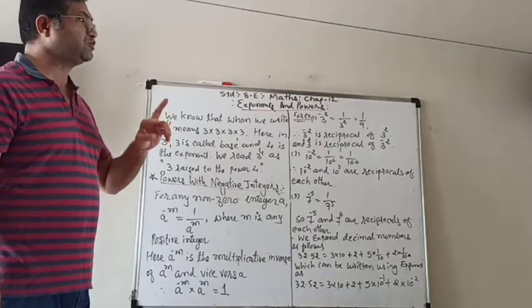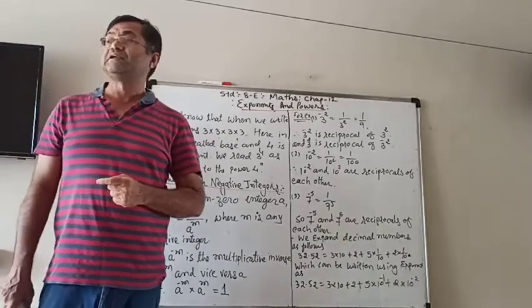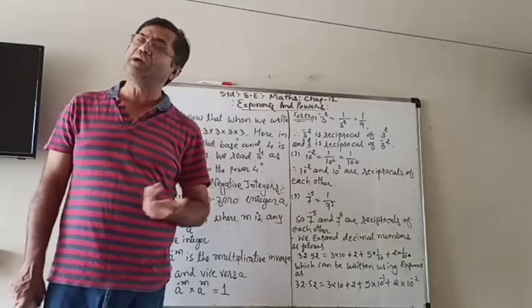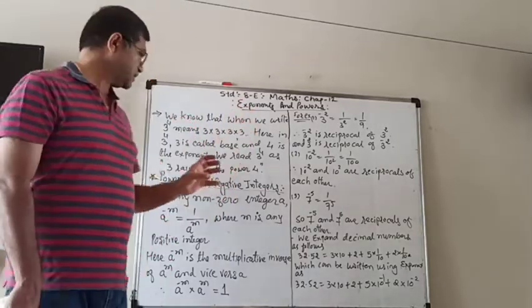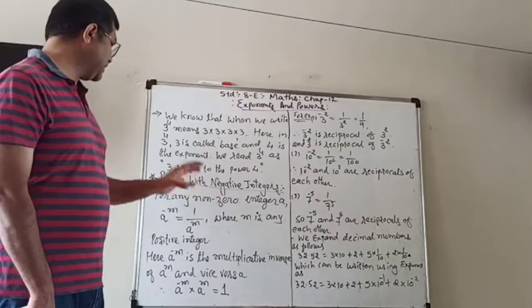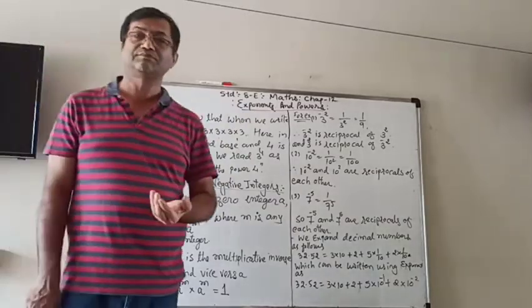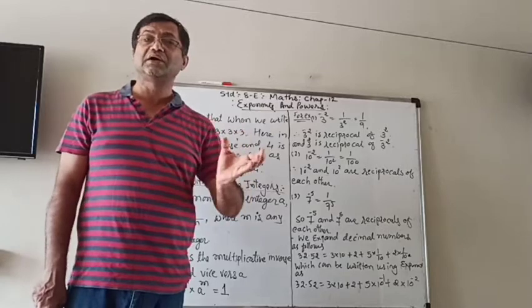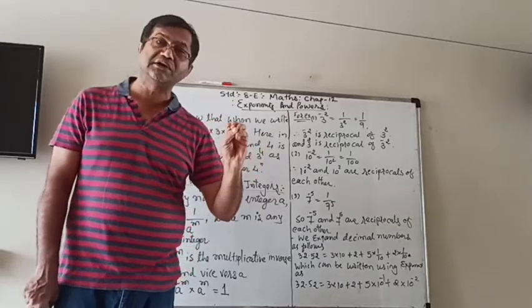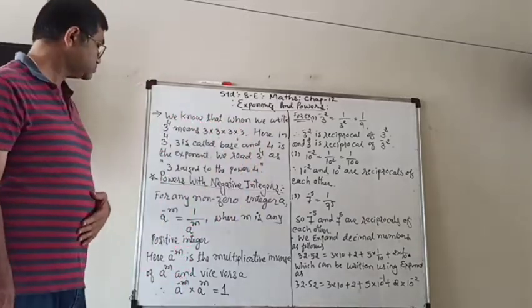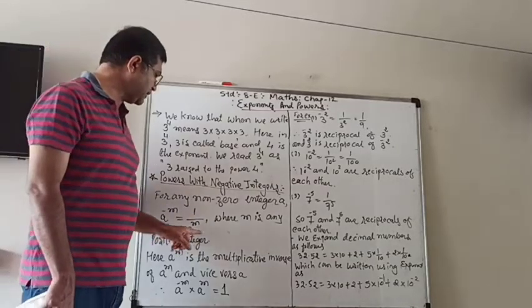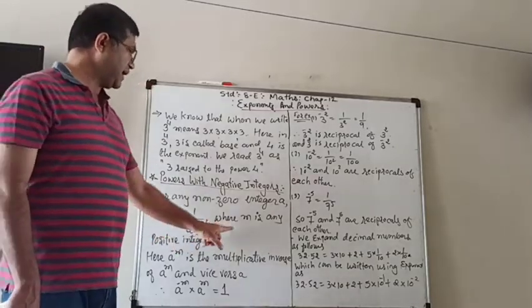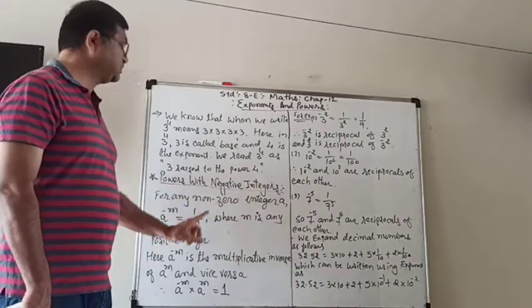It means that we have to take the reciprocal of a raised to m. So a raised to m and a raised to minus m are the reciprocals of each other, where m is any positive integer.